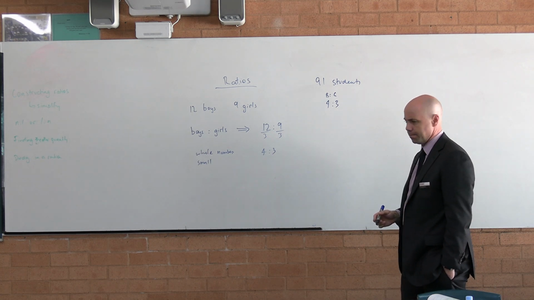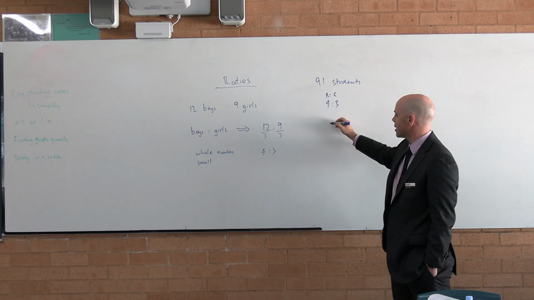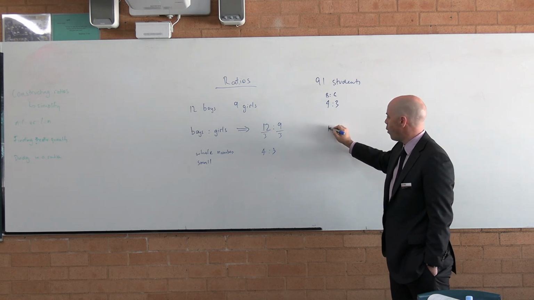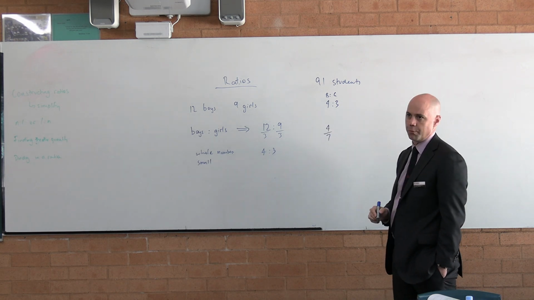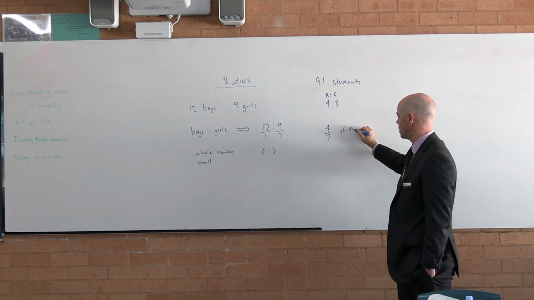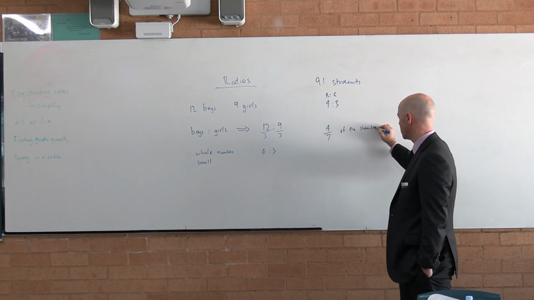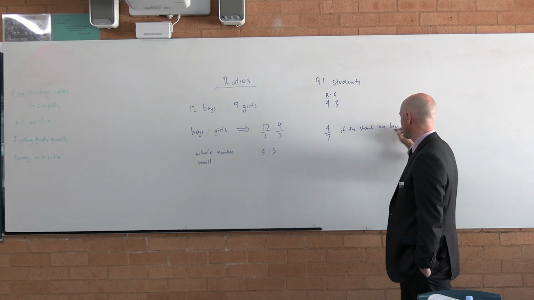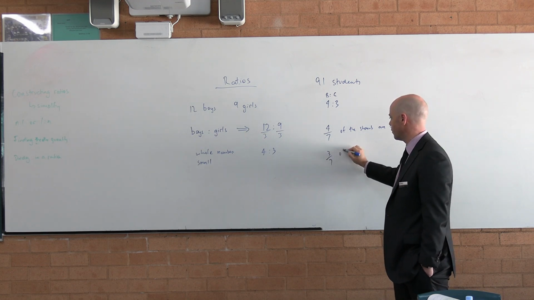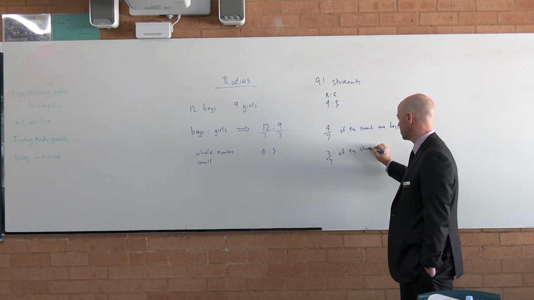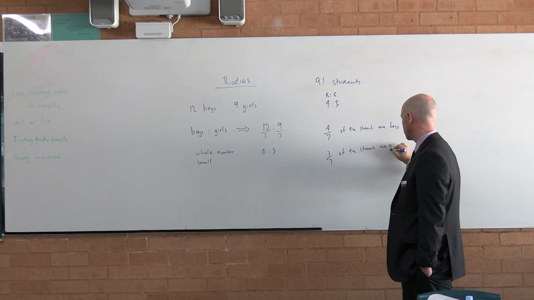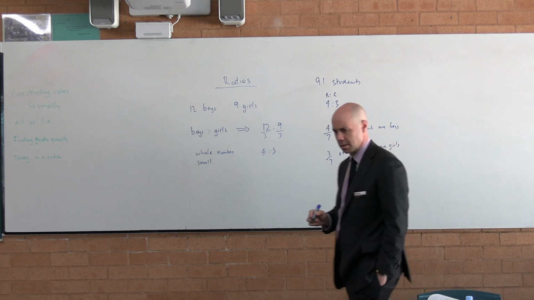And so it's almost like saying, therefore, 4/7 of the students are boys, and 3/7 of the students are girls. Does that make sense?